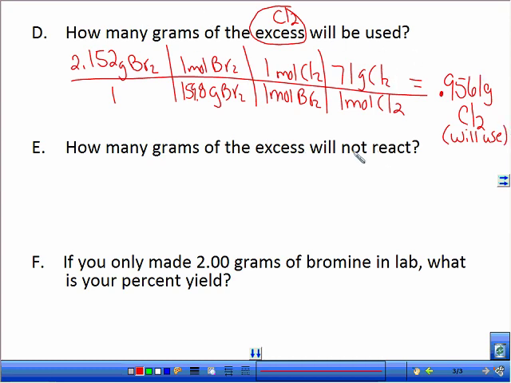This one is to say how much will not react, how much extra we're going to have. We go back up to our given information, and we had 1.855 grams of chlorine. This was our given, how much we have, and we're going to subtract how much we're going to use.